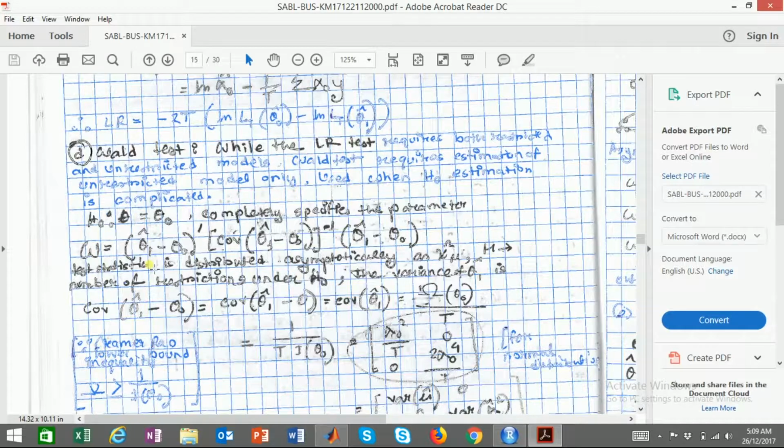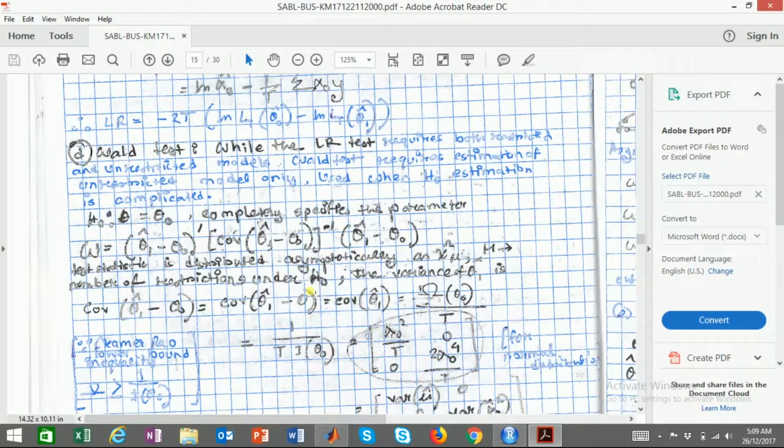Transposed and without transpose, in between we have the inverse of the covariance of theta 1 minus theta naught. The test statistic is distributed asymptotically as chi-square, where m is the number of restrictions under the null.